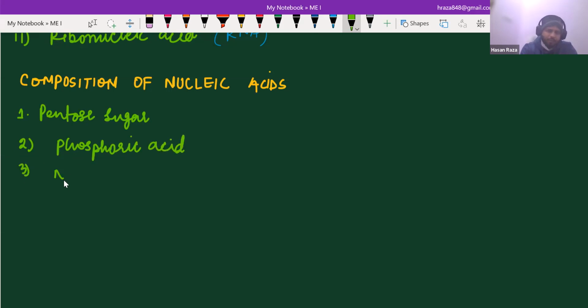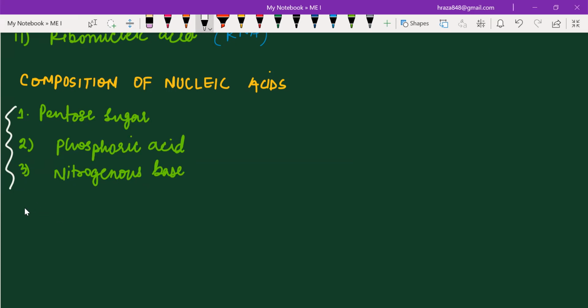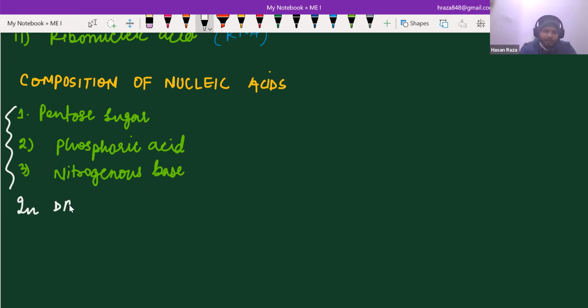Then nitrogenous base. These are the three components that are present in nucleic acid. Is that clear? Yes, sir.